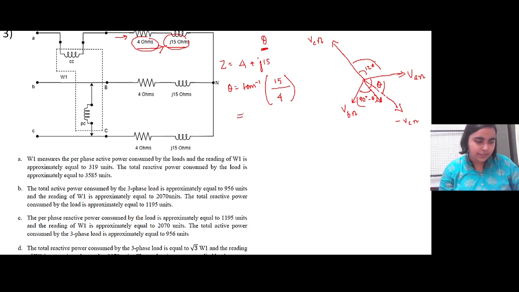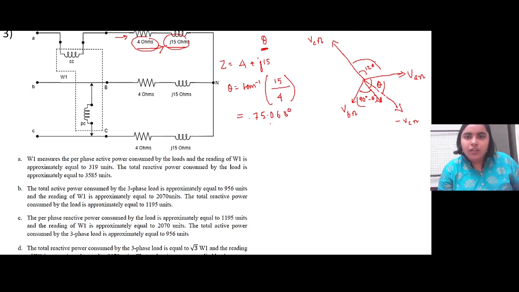So let us calculate this first. Tan inverse of 15 by 4, 75.06 degrees, right?